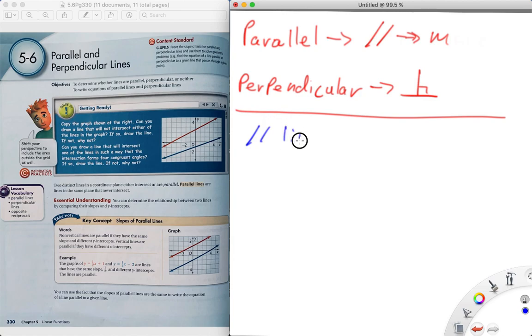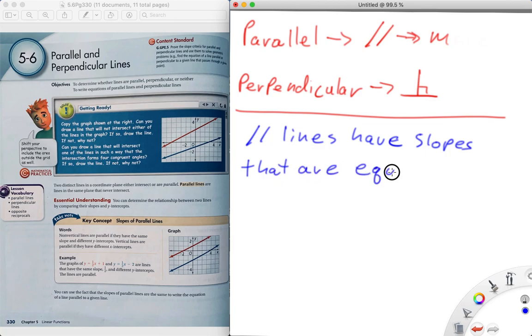Parallel lines have slopes that are equal. Alright, so that's parallel lines.